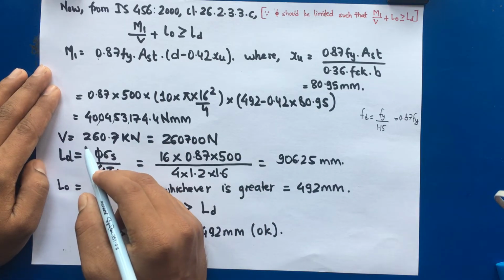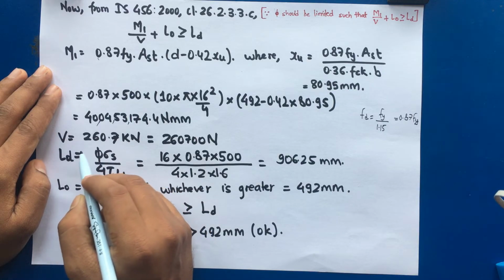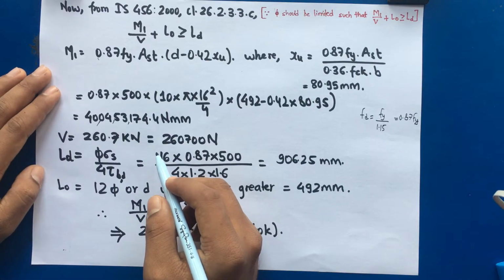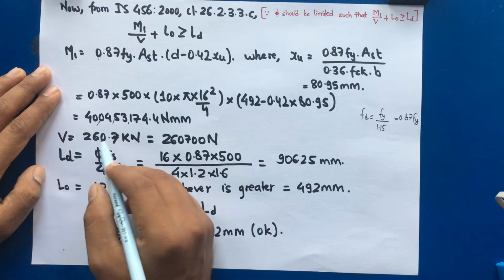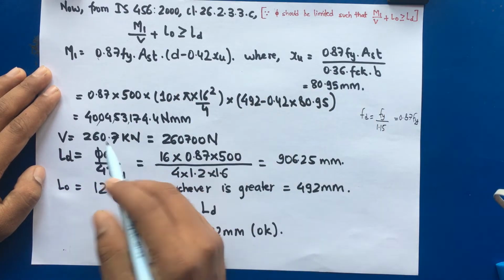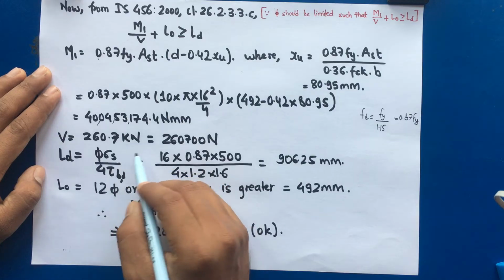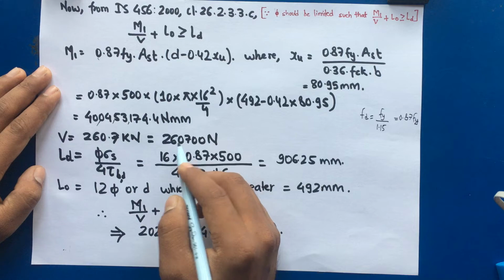Similarly V, we have already computed the shear force at the point of inflection, that is the point of contraflexure where the moment changes its sign. We have computed the value of shear force at both contraflexure points, and taking the maximum value we get 260.7 kilonewton, and converting this into Newton, 260,700 Newton.